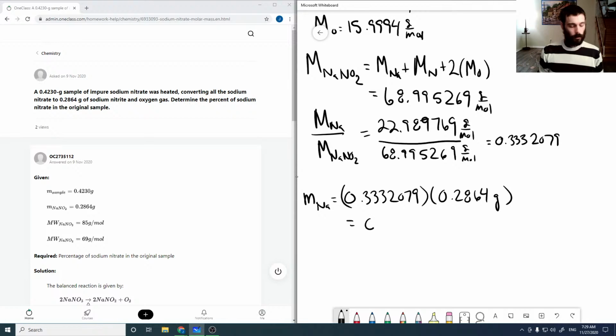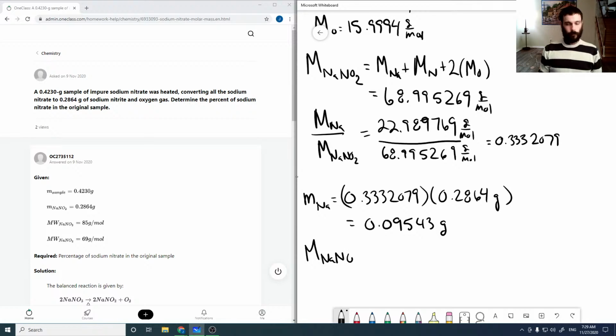So that equals 0.09543. So that's our mass of sodium in the sample. Now, if we've converted sodium nitrate to sodium nitrite, the sodium mass hasn't changed, meaning that's also the mass of sodium in our sodium nitrate.